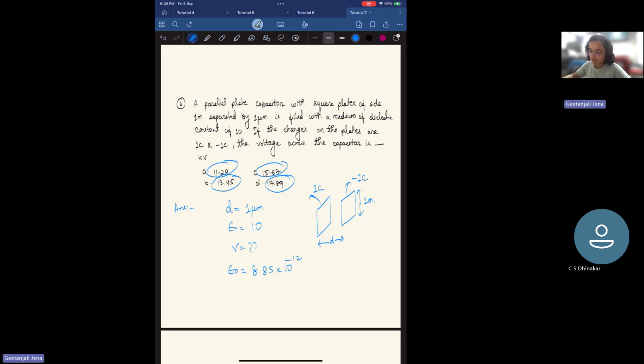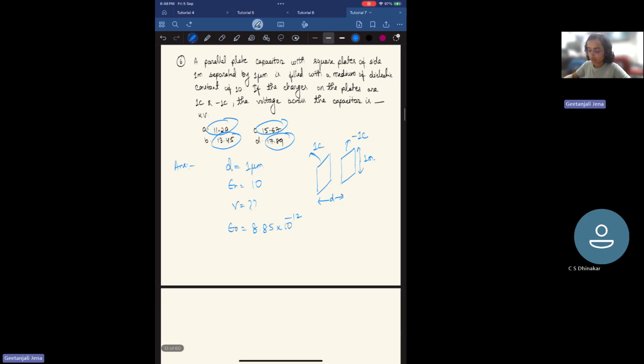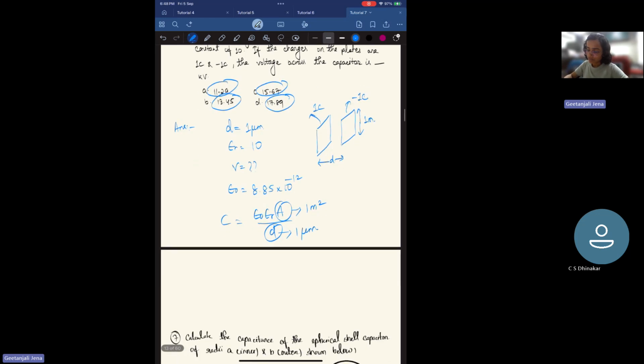Option A is correct. The answer will be option A. So C is nothing but epsilon naught A by D. A is 1 meter square, D is given as 1 micrometer, and epsilon 0 and epsilon r are also given.